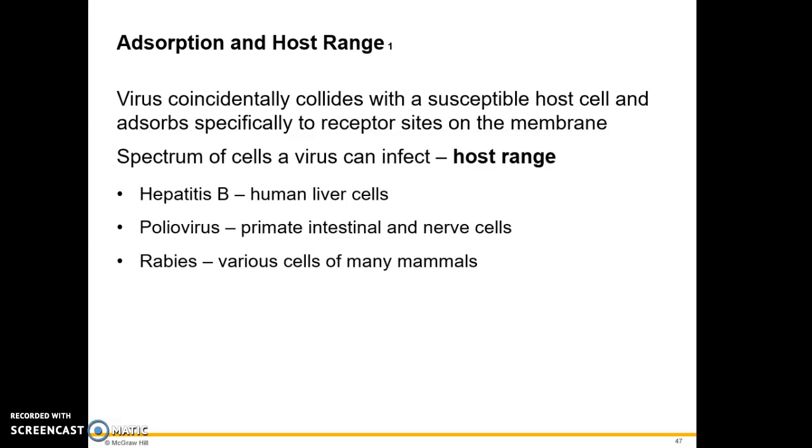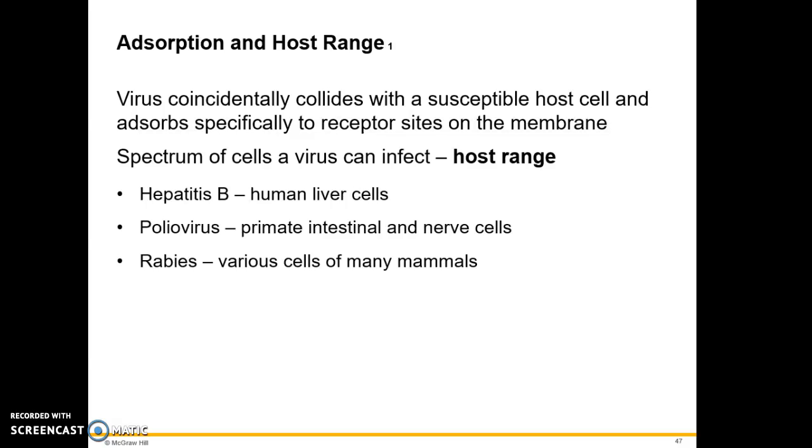Okay, so adsorption and host range. The way that a virus finds a host cell is by coincidence. It collides with a susceptible host cell and then adsorbs or attaches to that cell.